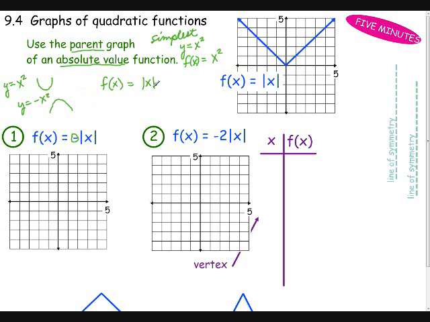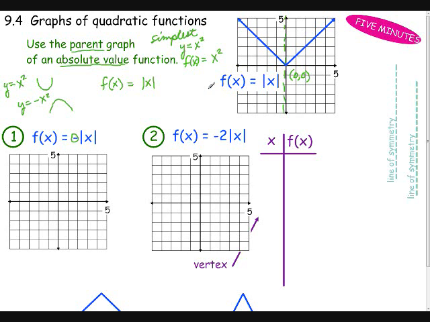If I were to graph this, I'm going to get a V shape with, please notice, my vertex at 0, 0. Perfectly symmetrical. My line of symmetry is right here, going right through the vertex.